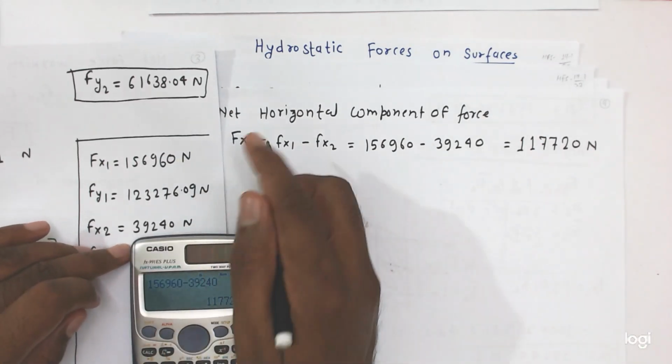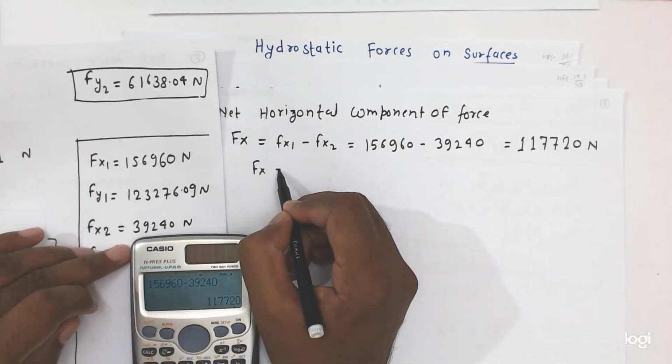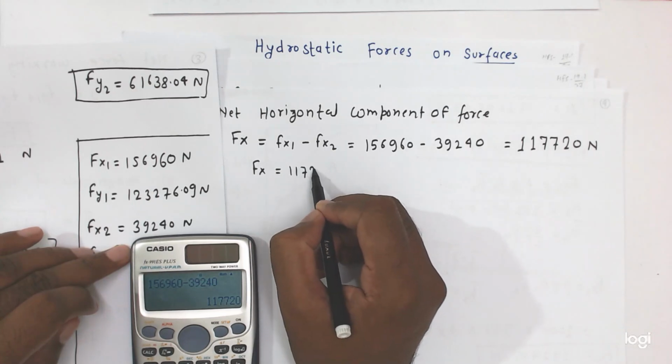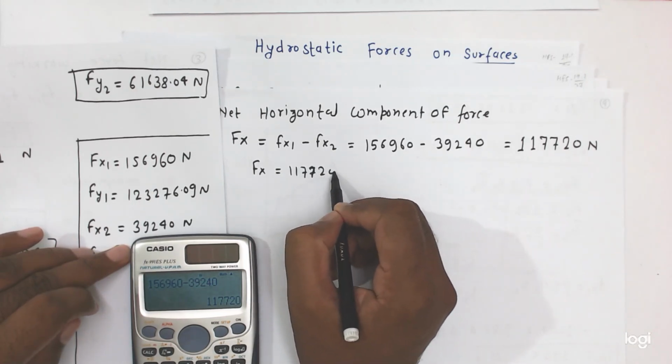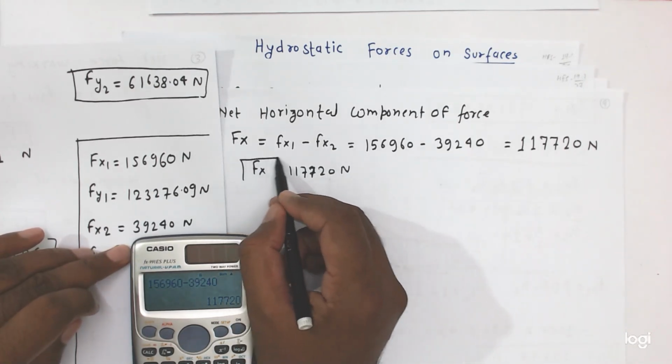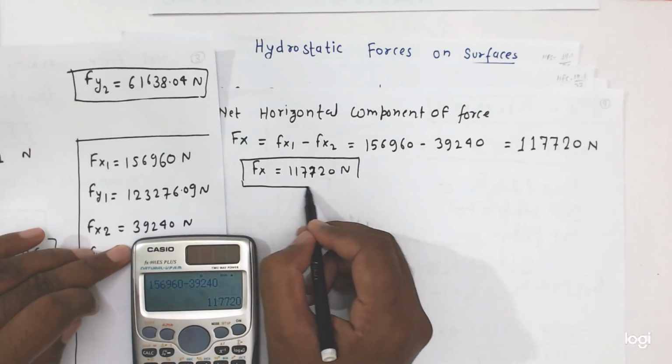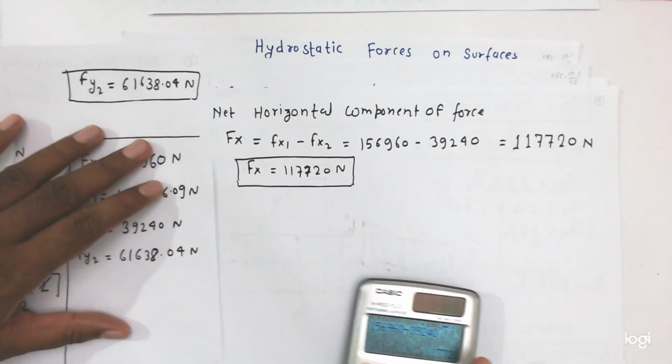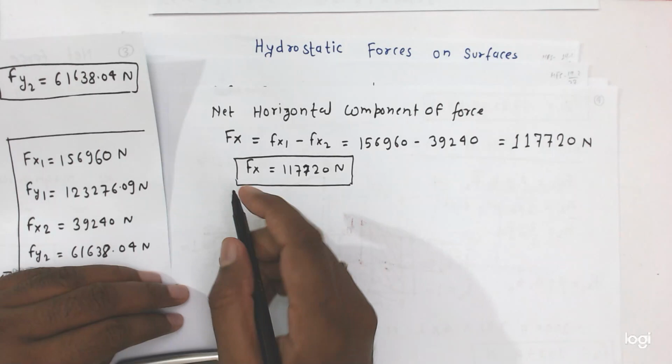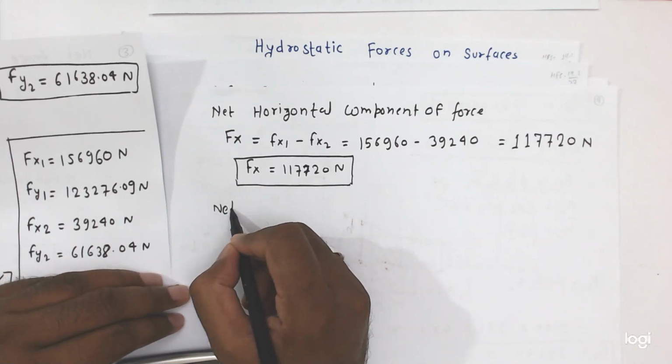So this is the net component of force. Fx is equal to 117,720 Newton. Getting, friends?